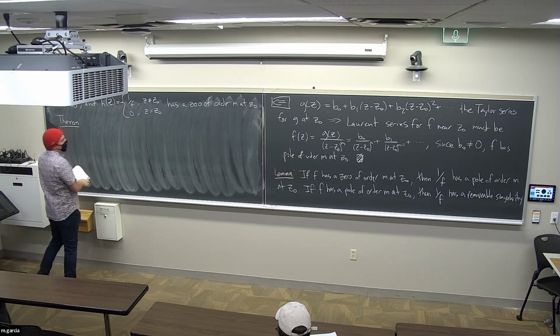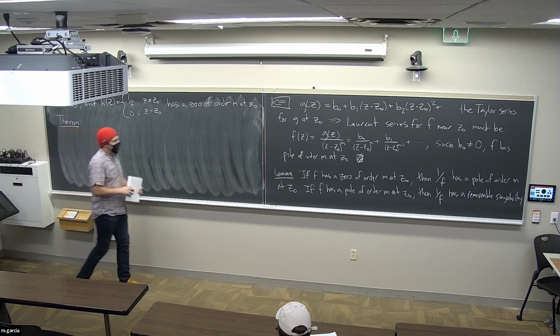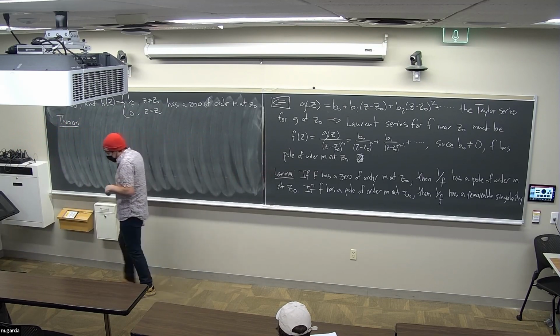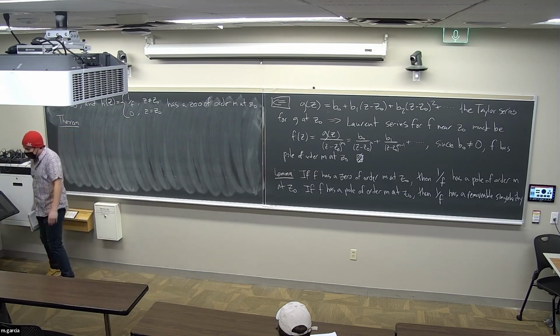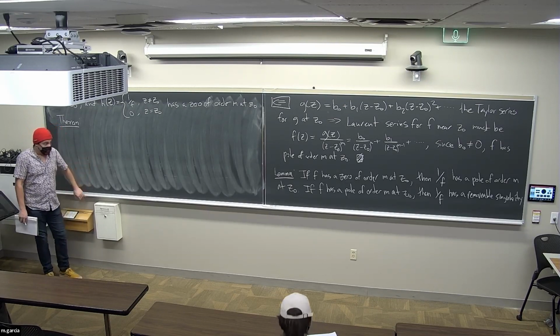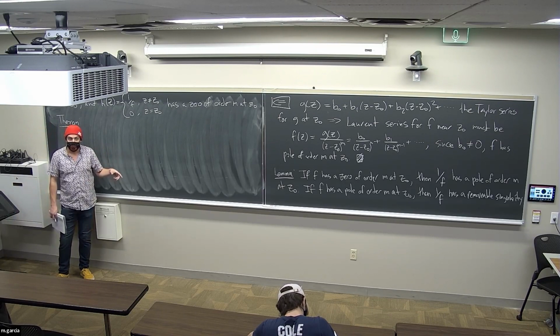I guess I should make one remark here. This lemma helps you define what it means to have a zero or pole at infinity, which is section 5.7 of the textbook. You can do similar analysis of isolated singularities, including the point at infinity, by looking at reciprocals of functions.